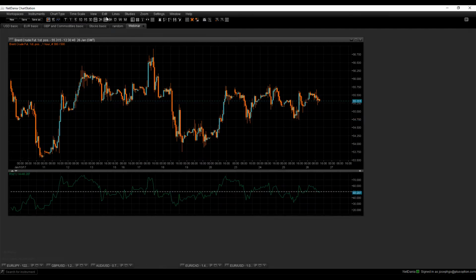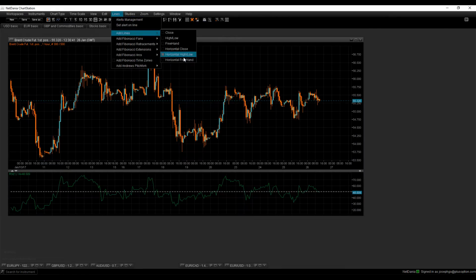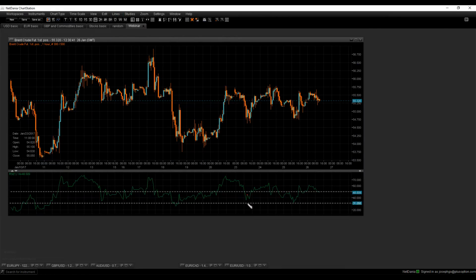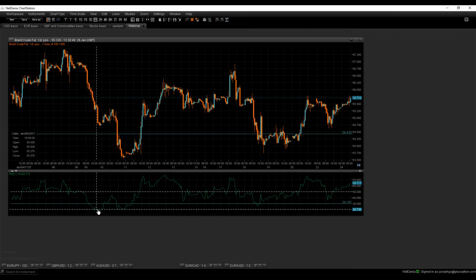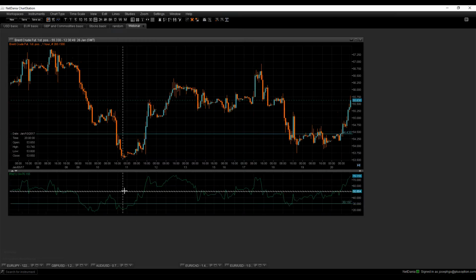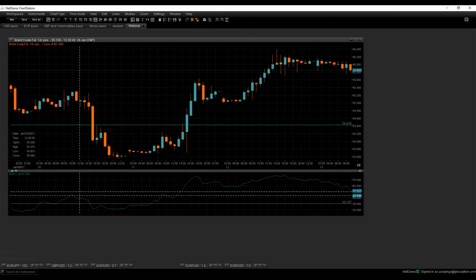Okay, so let's go to the 1 hour chart instead. Add line, horizontal freehand. See if we can find some examples looking back. All right, so very rocky road here. Let's just jump in right here.